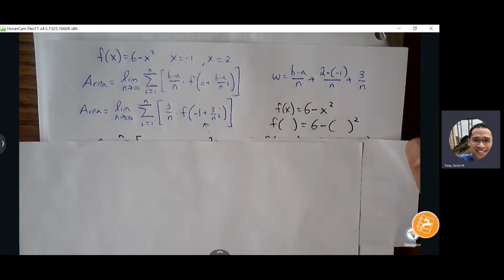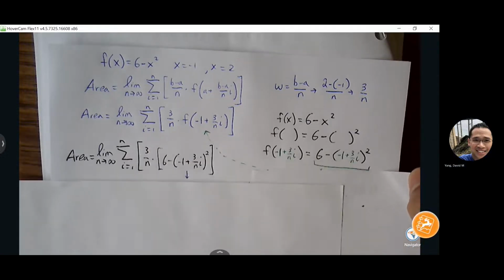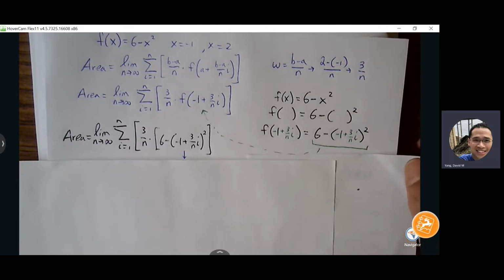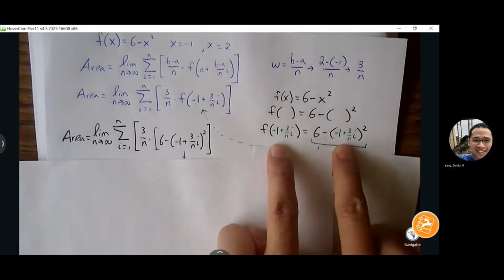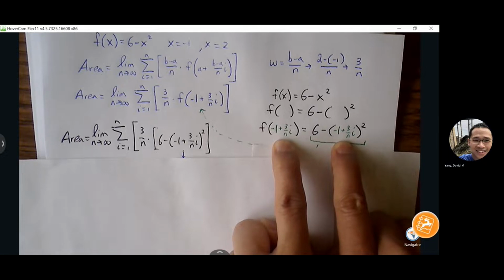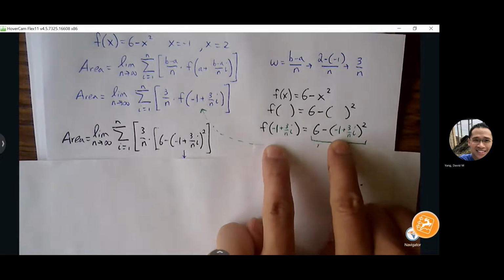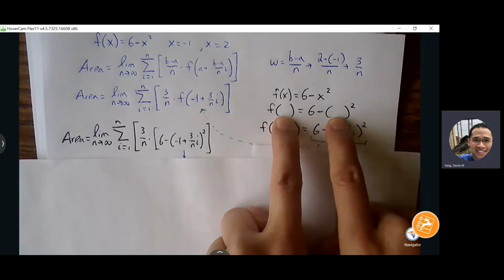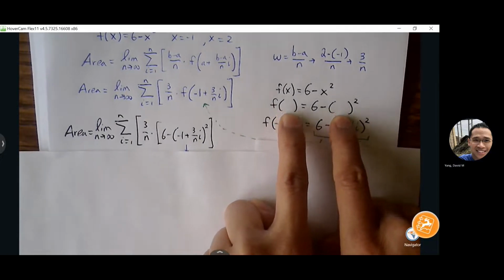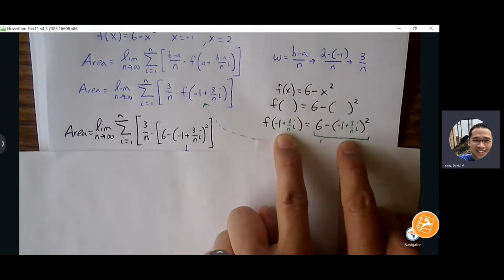Eventually, they will be taken care of with the summation formula. But for now, we're going to hold on to the i. Okay. All right. So your argument value is -1 plus 3 over n i. Once you have those parentheses set aside, replace the parentheses with -1 plus 3 over n i.